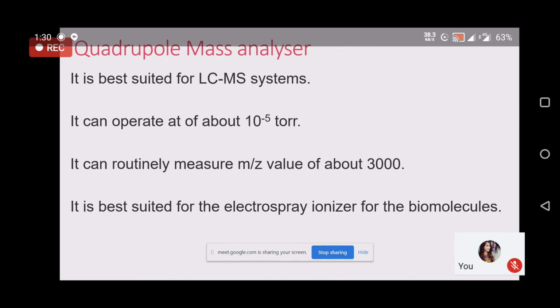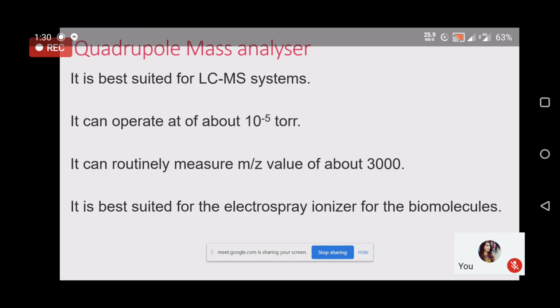And this is important because when you take up an LC, the eluent that comes out of the LC is definitely going to have a very high pressure, and the interface has to bring that pressure to the pressure of the mass spectrometer. So if the pressure of the mass spectrometer is higher, it is easier for the interface to work.